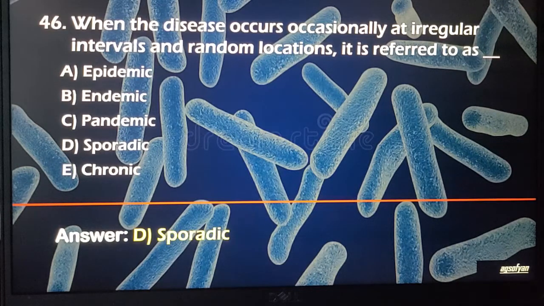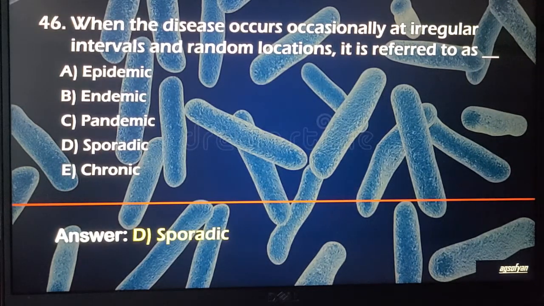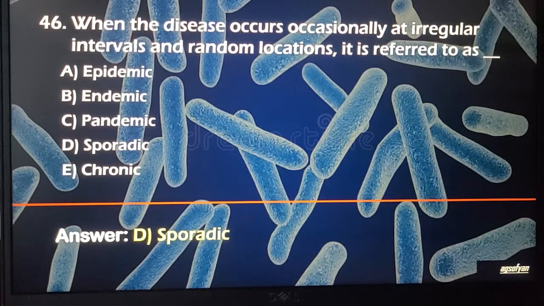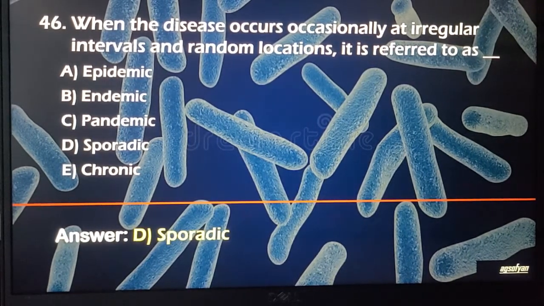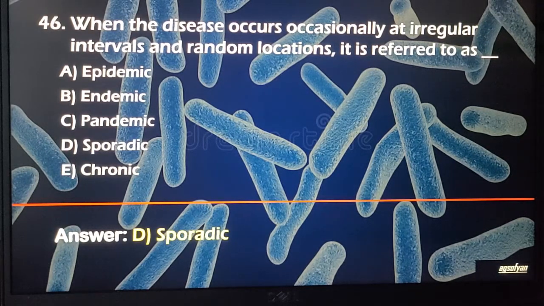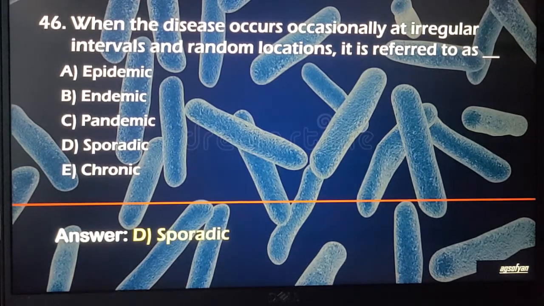But usually it will not spread to the cooler or seasonal country like United States. And the pandemic, of course, we know this is the distribution of disease over the world. Okay, so all country will have this distribution of disease like COVID-19.